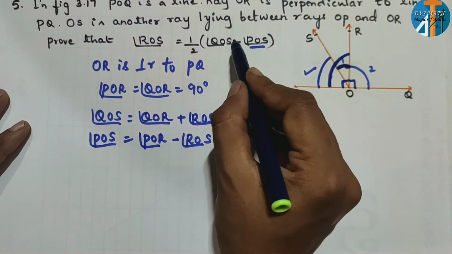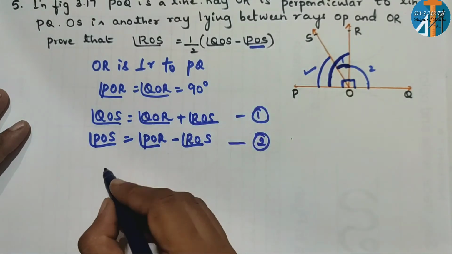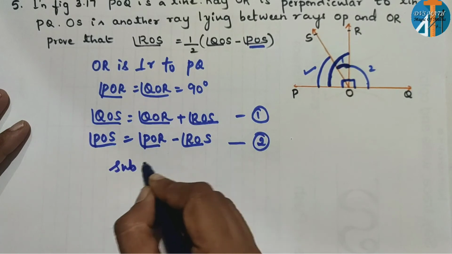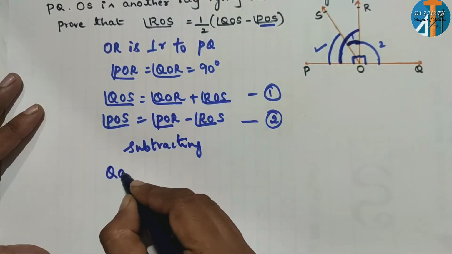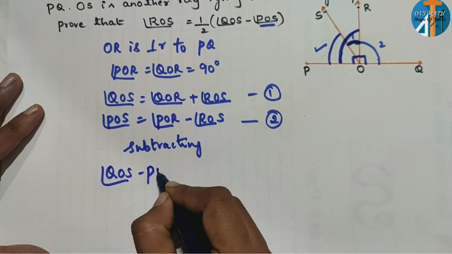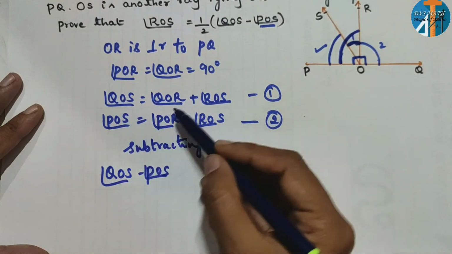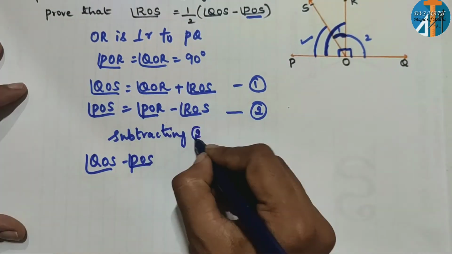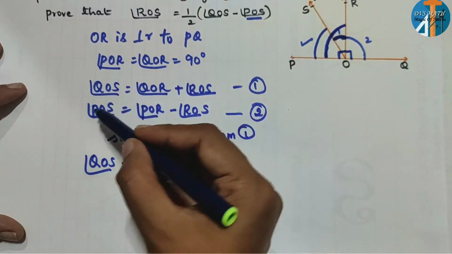Next, we are subtracting. Why do we have to subtract? In between QOS and POS we have a minus sign. So subtracting. What will we get?